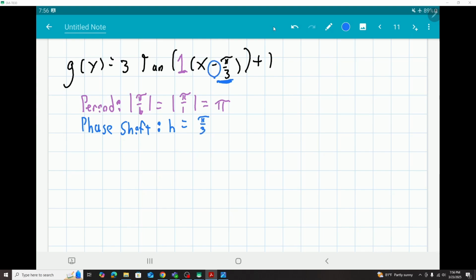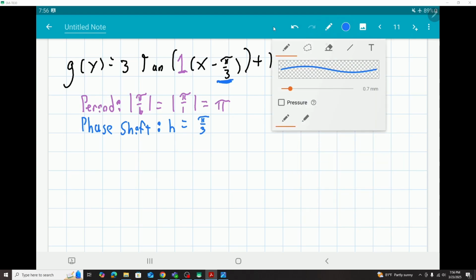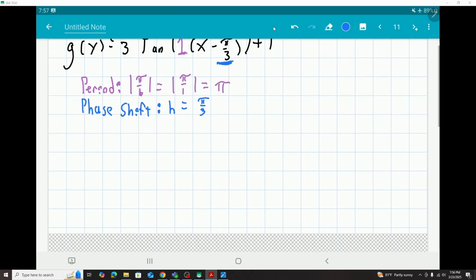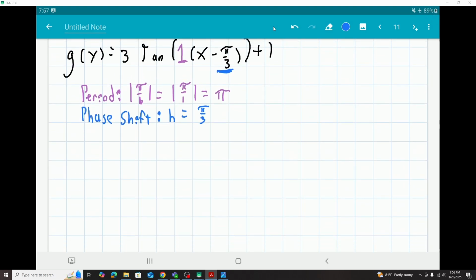If it's minus, then your phase shift is positive. If for whatever reason we had a plus pi over 3 in there, then our phase shift would have been negative. You always flip the sign because the formula for transformations has minus h in it. So h is pi over 3. That gives us the phase shift.